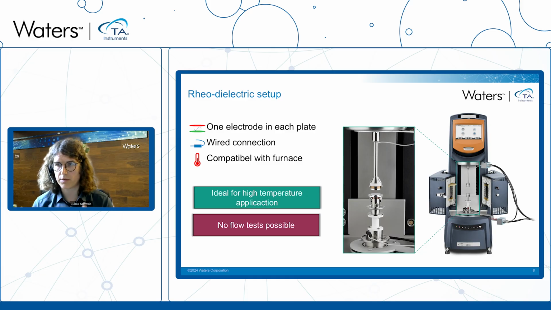So they are measurement plates for the rheology, but also electrodes for a capacitor to get the dielectric testing. And these electrodes are connected here through wires with an external LCR meter that applies the electric field. And on the other hand, they are combined through ceramic insulators with the rest of the rheometer so that we can do rheological tests.